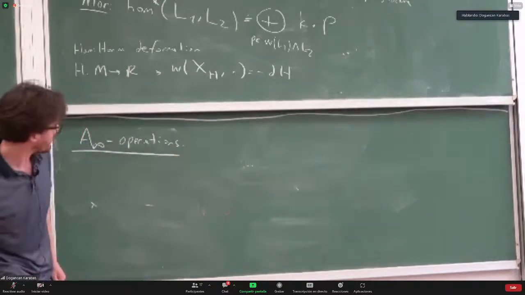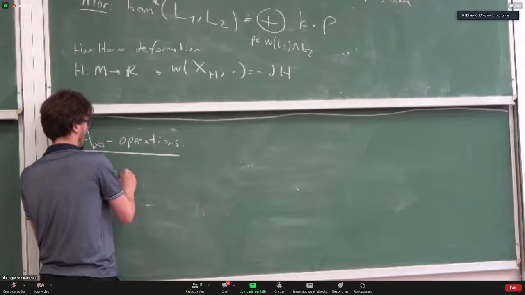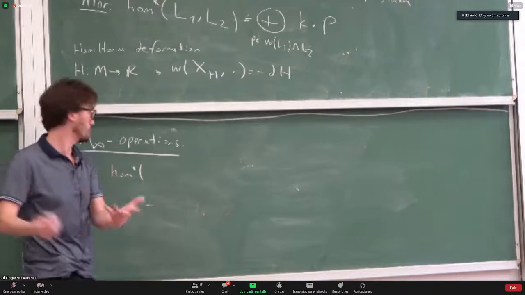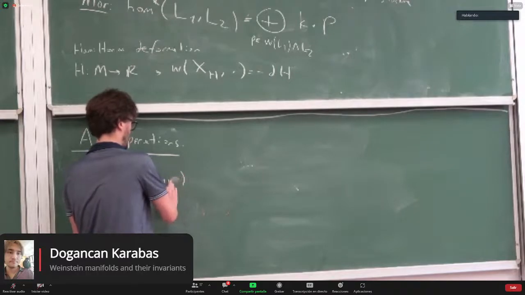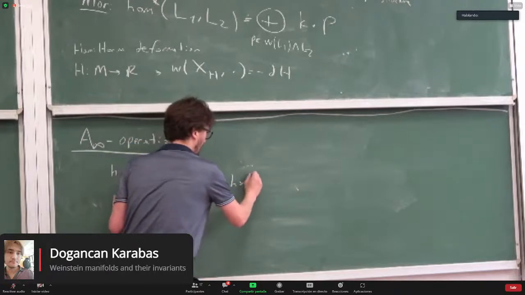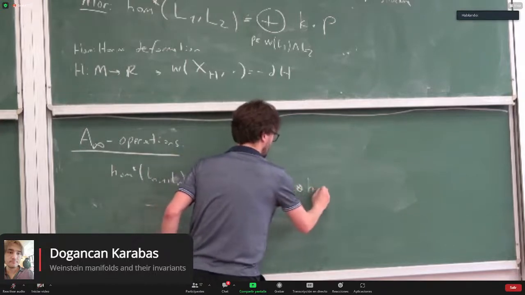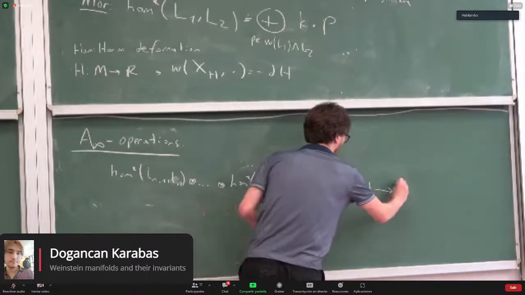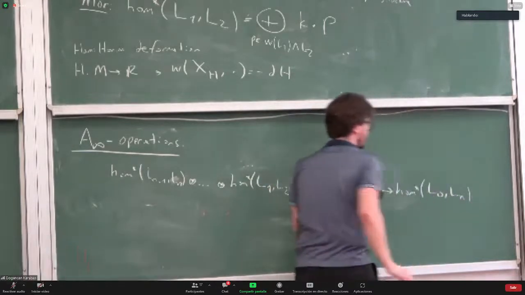Well, one actually important part is the infinity operations. So the infinity operations take inputs and give you one output. So what inputs does it take?